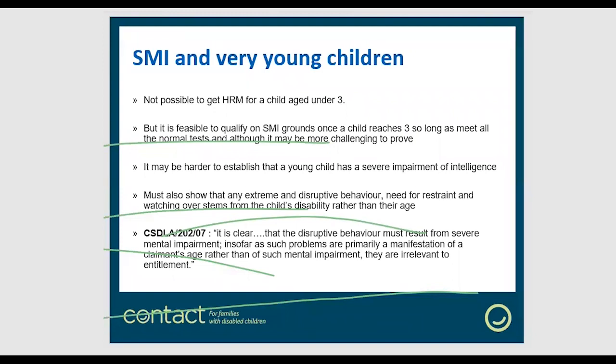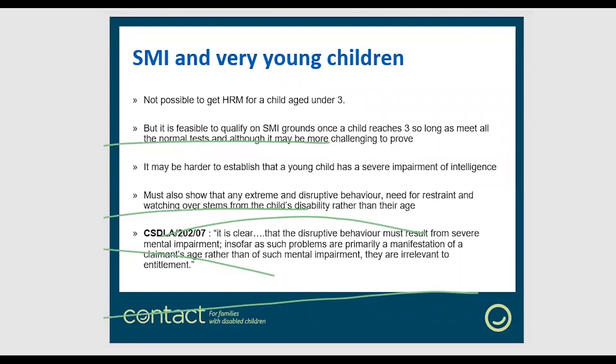As I said earlier, it's not possible to get any rate of mobility for a child who's under 3. But if your child's 3, 4, 5, then as long as you can show that they meet the severe mental impairment test, there should be no reason that you can't qualify on these grounds. We have to be realistic, though, and say it'll probably be slightly more challenging to qualify on these grounds.